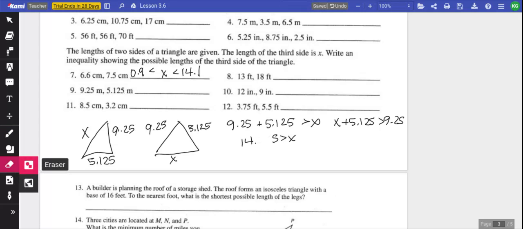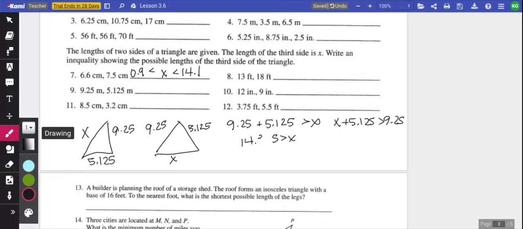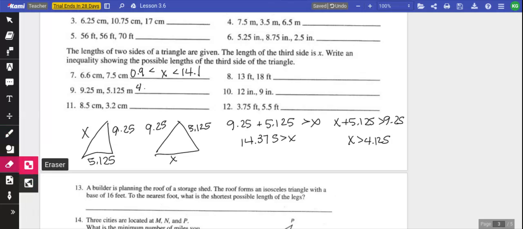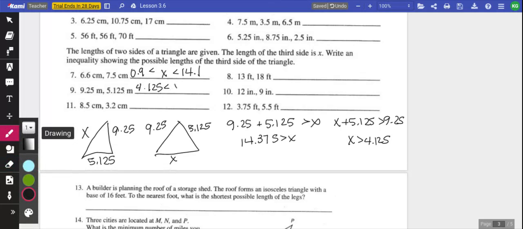I only typed in 9.5 the first time I typed it in. 9.25 minus 5.125, x is greater than 4.125. So 4.125 is less than x is less than 14.375.